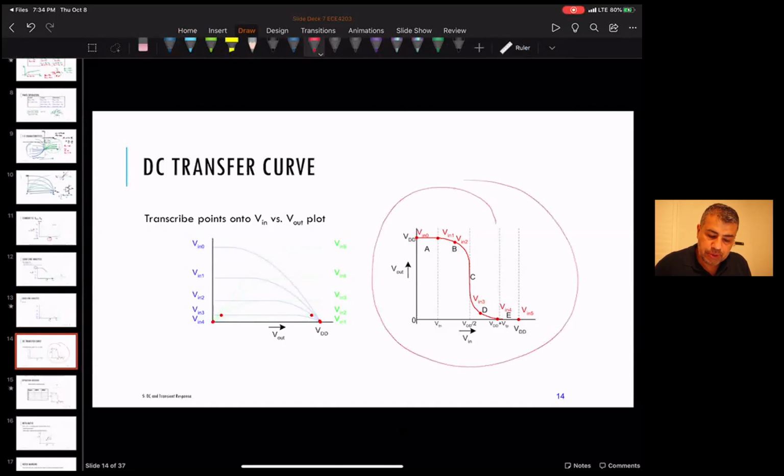We pick a Vn, see what V out that corresponds to, and then we plot this transfer function. Okay, everybody understands that? Any questions about that?